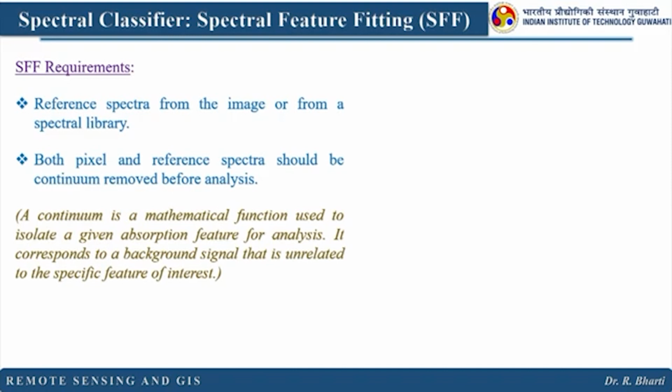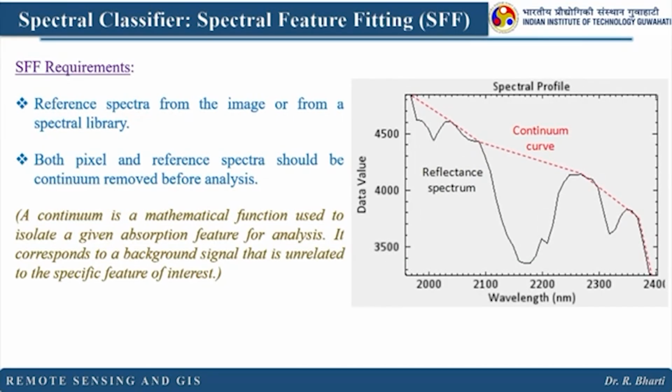It corresponds to a background signal that is unrelated to a specific feature of interest. Here is one example where I am trying to fit a rubber band to all these peaks and local maxima, and then I will tighten it. Then everything will come to one line, and from this we will be able to identify the depth of absorption for each wavelength, right?